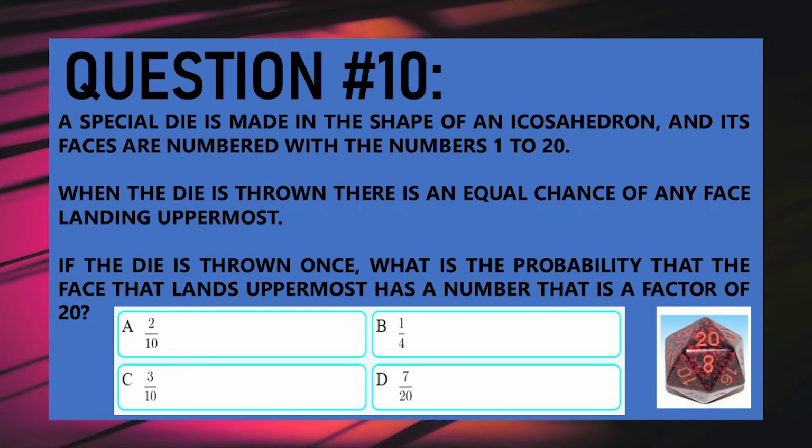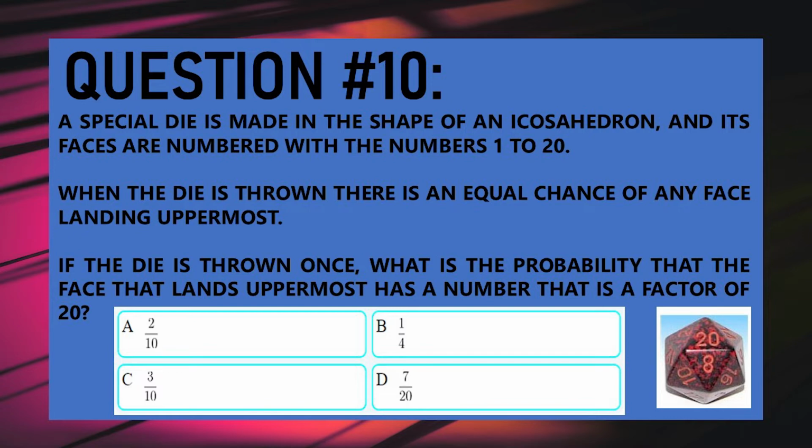Question number 10. A special dice is made in the shape of an icosahedron and its faces are numbered with the numbers 1 to 20. When the dice is thrown, there is an equal chance of any face landing uppermost. If the dice is thrown once, what is the probability that the face that lands uppermost has a number that is a factor of 20? Letter A, 2 over 10. Letter B, 1 over 4. Letter C, 3 over 10.